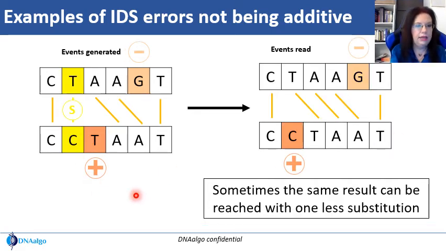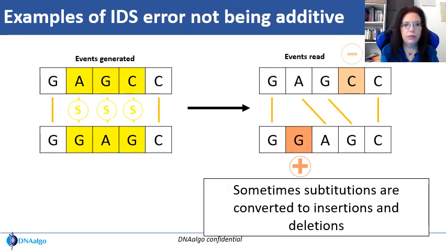We can go ahead with this kind of example. In this case, we have one insertion, here one deletion and one substitution, but the actual distance between what has been read is just 2, and it can be explained with the deletion, which is what really happened, plus just one insertion here. Here we have another example.